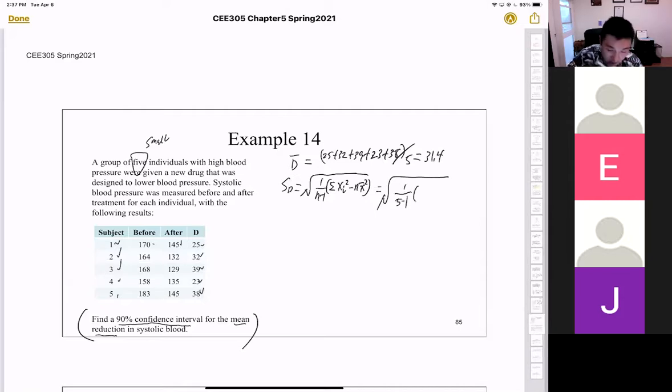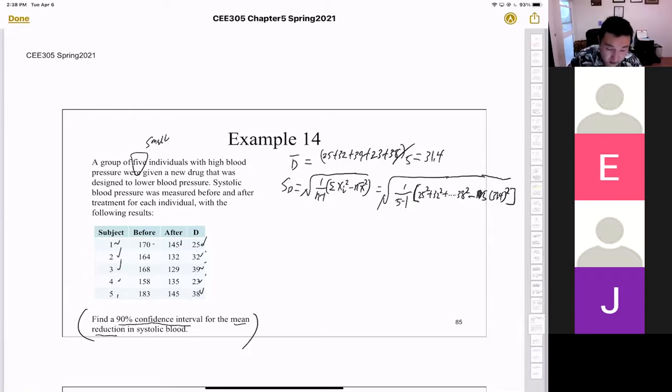We take the square of each of these D: 25 square plus 32 square plus 38 square, minus n times the mean value squared. Here n is 5 and the mean value is 31.4, squared.